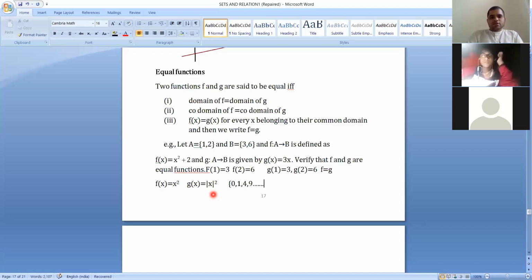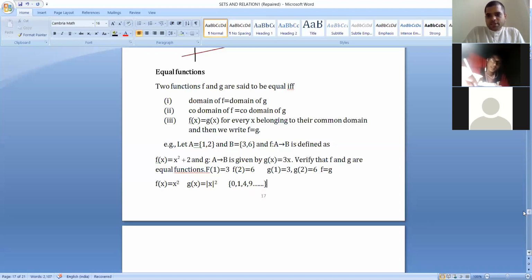Domain means set A and codomain means set B. Range is a subset of codomain.